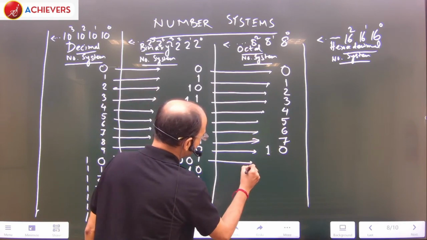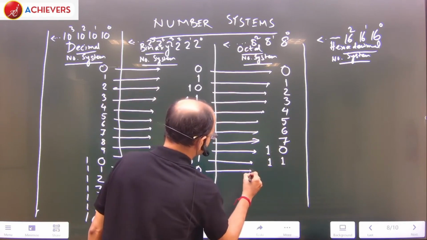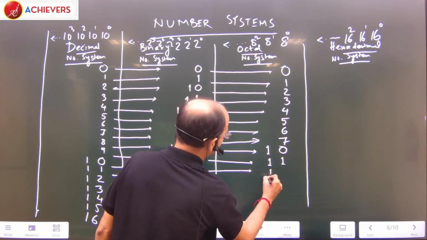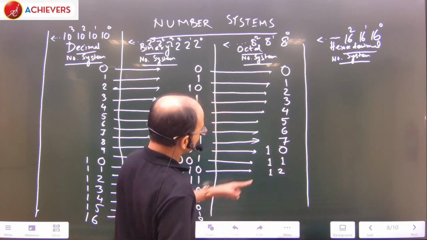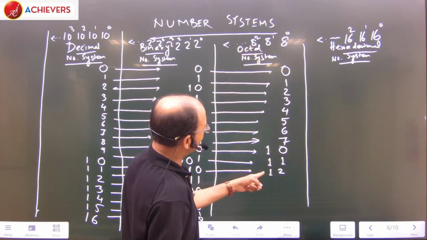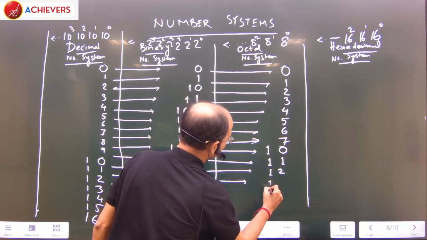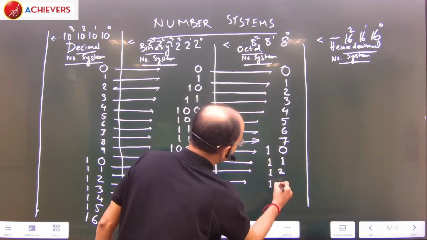So 9 will be 1, 1. 10 will be 1, 2. So 1 means 8 to the power 1 is 1, 8 to the power 0 is 2. So 8 plus 2 is 10. So similarly 8 plus 3, so 1 under 8 to the power 1, 3.